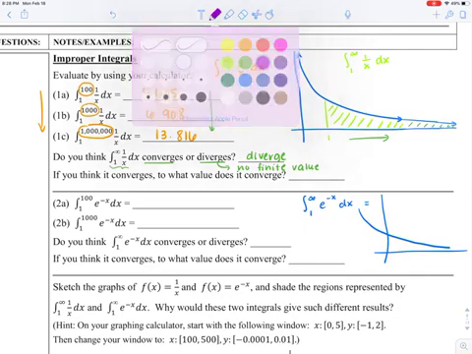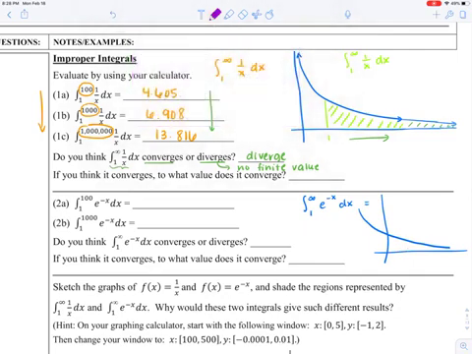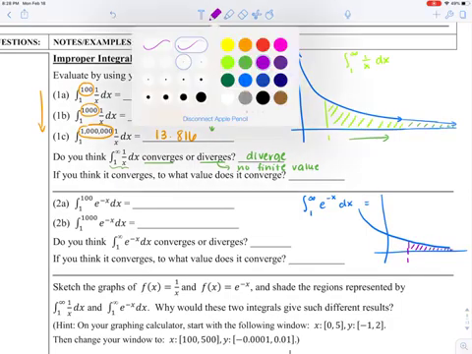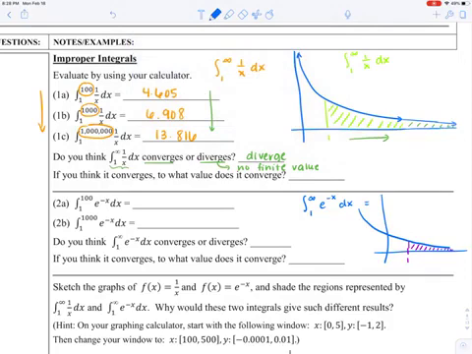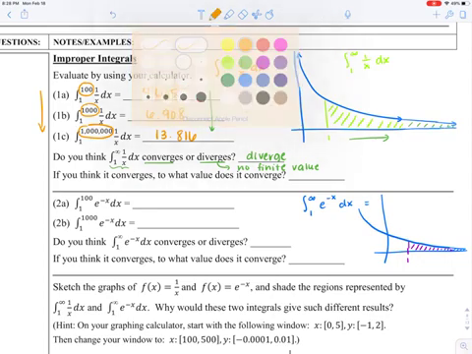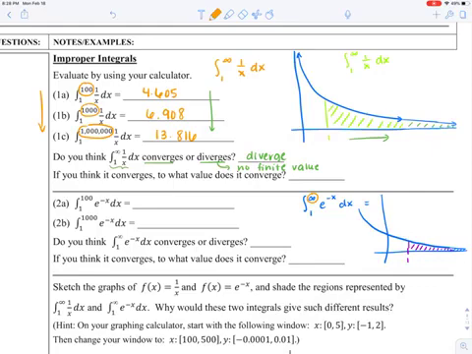We're going to start at 1 and talk about this area under the curve. You know that e to the negative x has a horizontal asymptote at 0, so it's going to get really, really close, just like the previous function. And so that area goes on forever and forever. And again, we can't type in infinity into our calculator, so we're going to fake our calculator into thinking infinity.